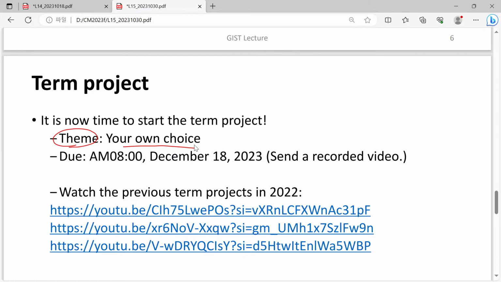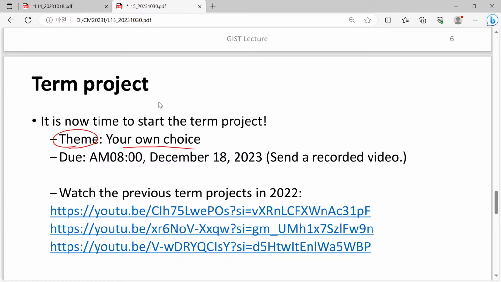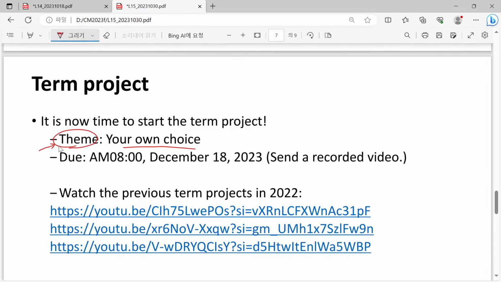So you have different backgrounds and different research interests. So please try to set your own theme. Then please share it with me. Then I can give you feedback on the possibility of your term project.